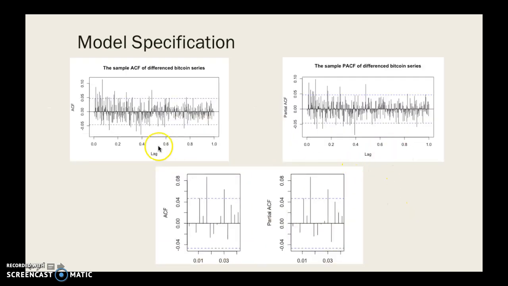Now looking at the ACF and the PACF, there are definitely still some significant lags, although not too many. This is just a close-up of the first little section of both plots. So they look okay.